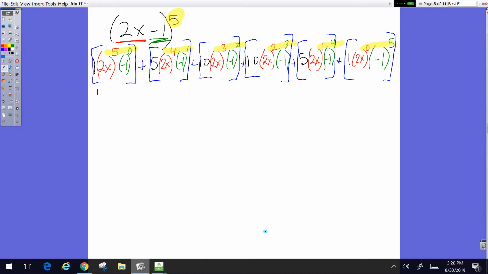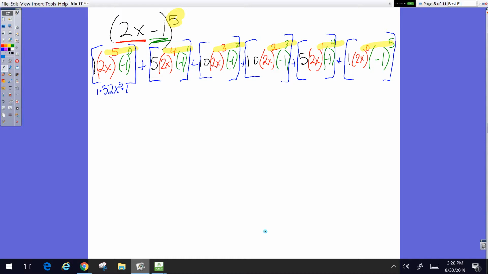So this becomes 1. 2 to the 5th is 32. x to the 5th. And anytime we raise any number to the 0 power, it's 1. So that is 1 times 32x to the 5th times 1. Don't zone out. If you zone out, when you come back, you're going to be lost. All right. I just raised this stuff to the powers.